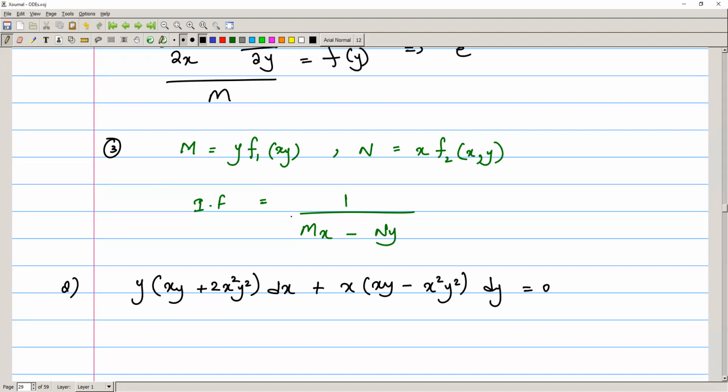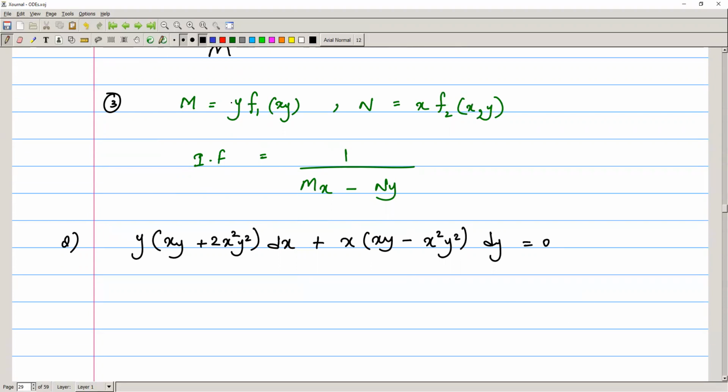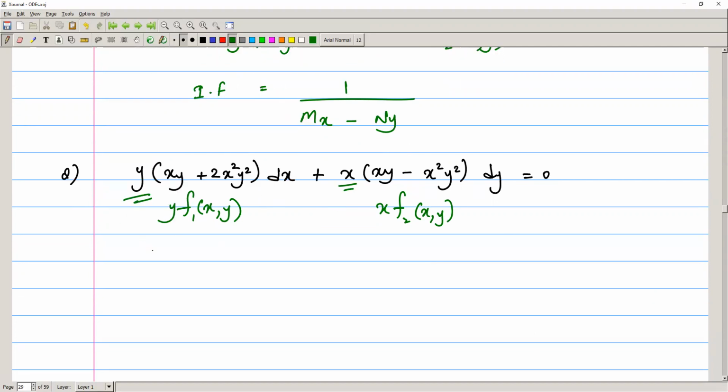So we can see here that M is multiplied by y, and N is multiplied by x, and this here is f1 of xy, and this here is f2 of xy, right? And we can see that this is multiplied by x and this is multiplied by y. So we can use the trick here.